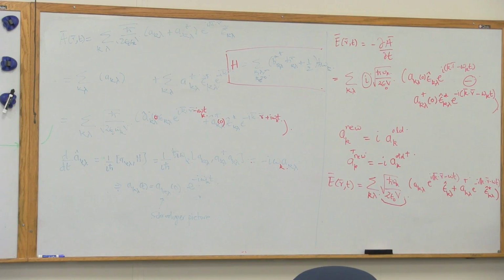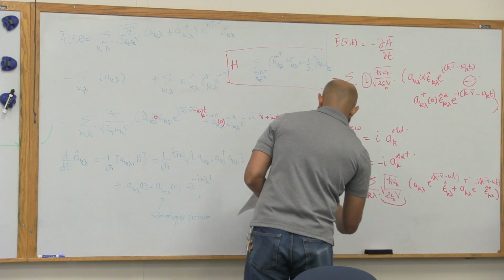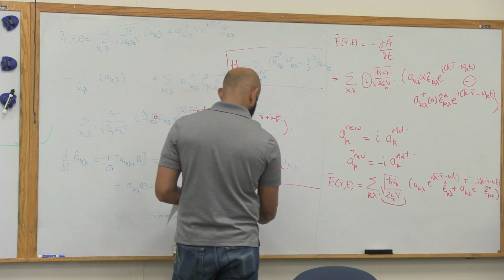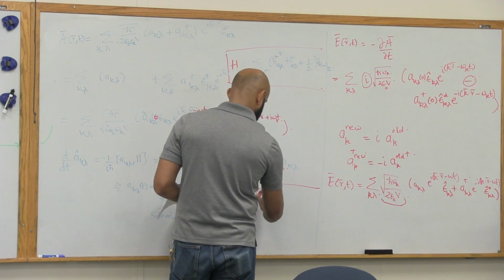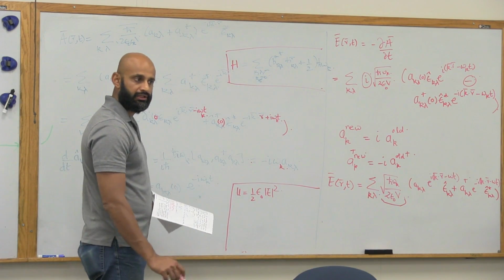If you go back to the very first class, we did a back of the envelope sketch argument. We said that the energy density U at every point in the field, I'm just going to call that half epsilon naught E squared.